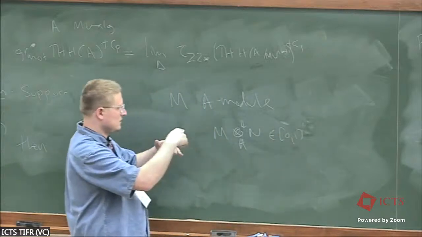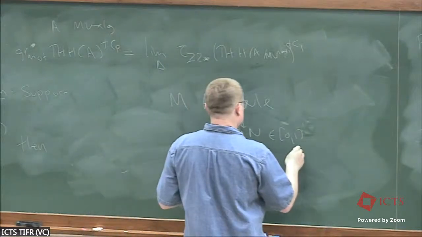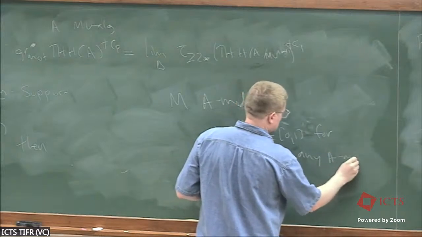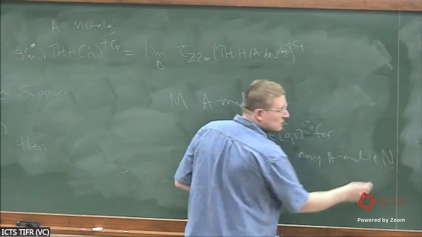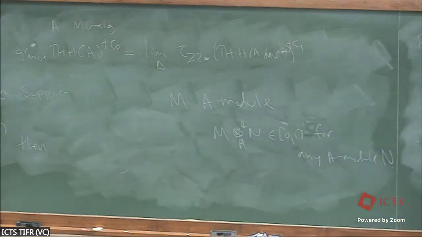When you compute Tor, it's just at 0 and 1 for any A module N. That idea goes back to Quillen. Quillen had this way of characterizing regular rings and smooth rings in terms of the cotangent complex, and this is generalized in this work.